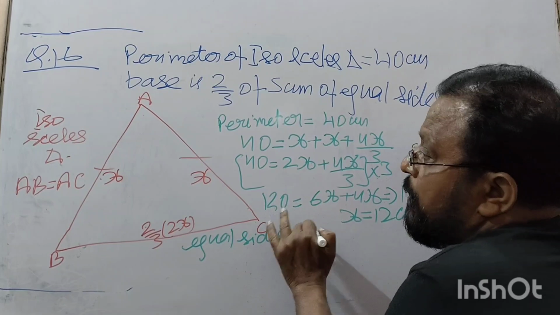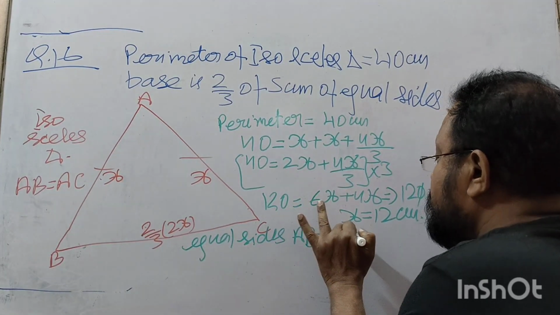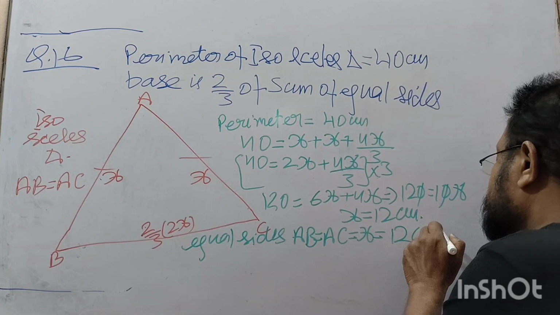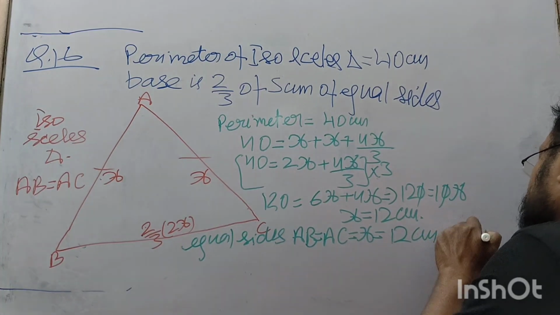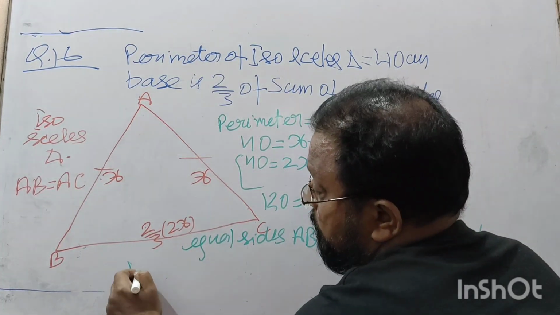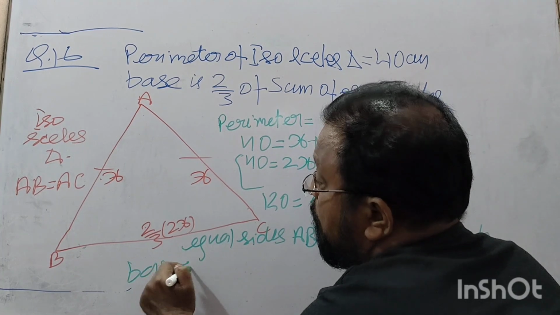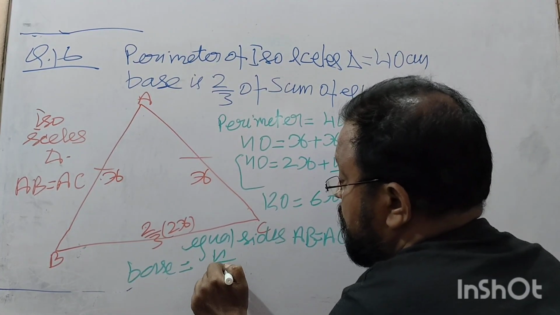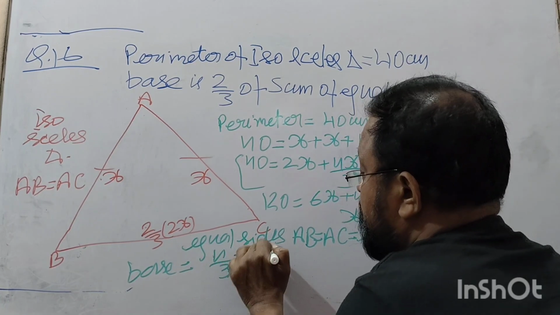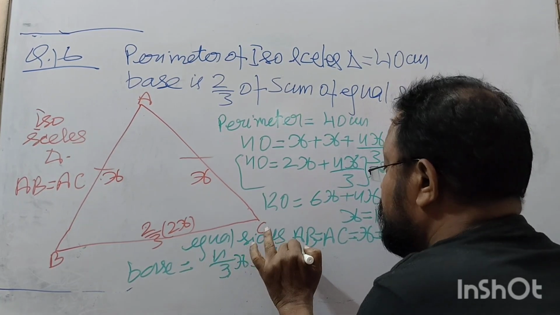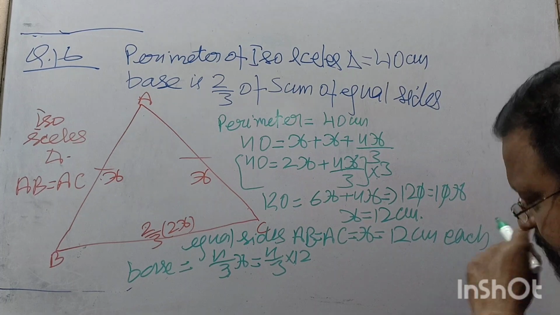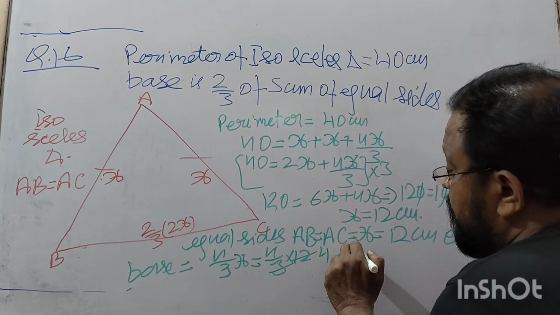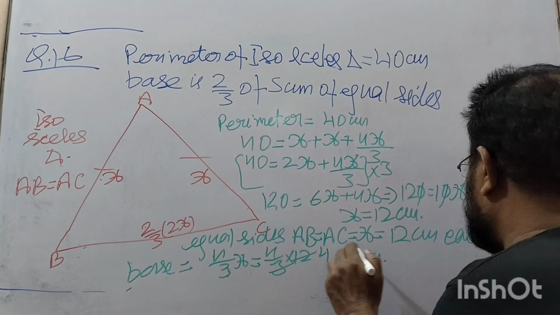So equal sides AB is equal to AC is equal to x is equal to 12 centimeter each, and base is equal to 4 upon 3 x, that is 4 upon 3 into 12. 4 times 3 becomes 12, it becomes 16 centimeter.